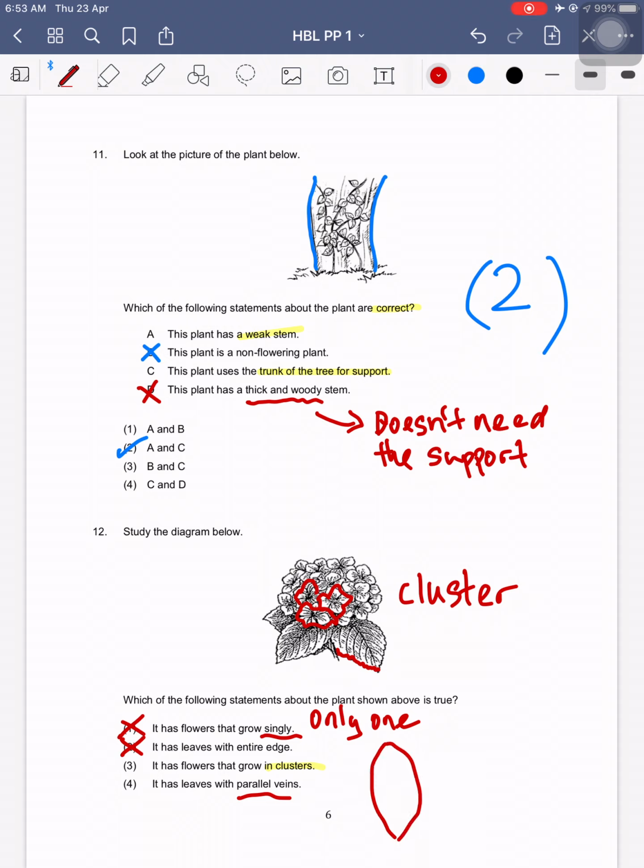Example, this is a leaf. So parallel veins, you will observe something like this. But looking at the veins here, they are not considered as parallel veins. In fact, it could be a net vein. So this is out. So option 3 will be the answer. Flowers that grow in clusters.